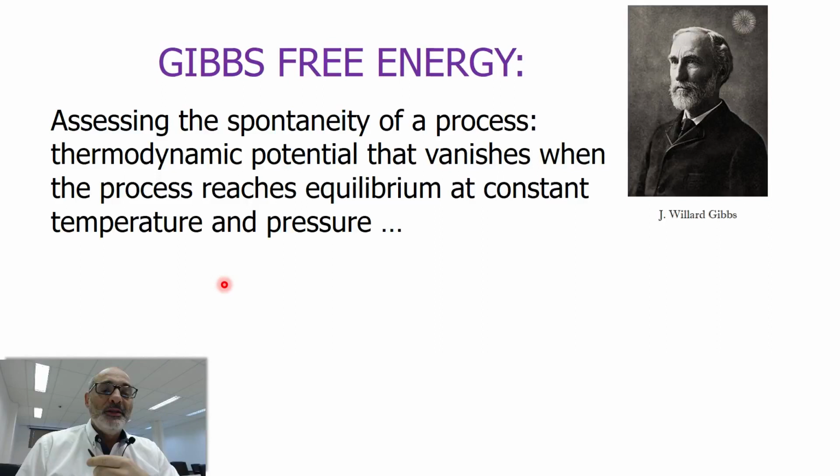The person who first thought about this was obviously Gibbs, and he wanted to assess the spontaneity of a process. The variable he wanted to construct is something like a thermodynamic potential that vanishes when the process reaches equilibrium at constant temperature and pressure.